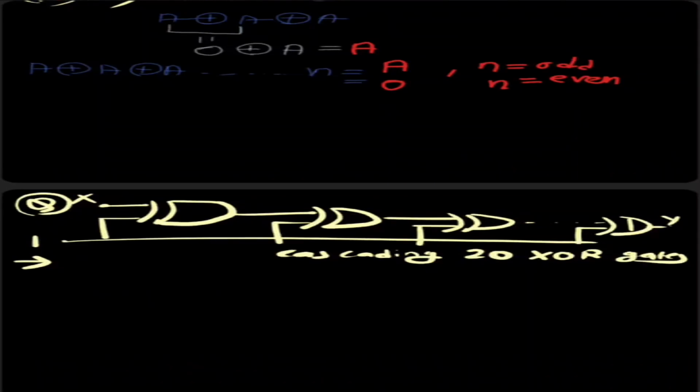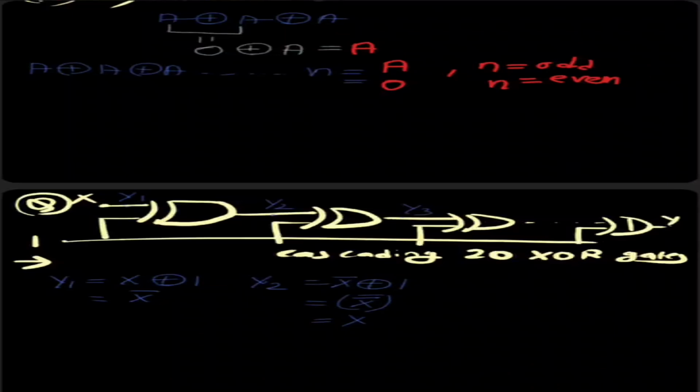Solving this, we can take this one as y1, this one as y2, this one as y3. Now y1 equals x XOR 1, we get x complement. Taking y2, we get x complement XOR 1, we get the complement of x complement, which is x.